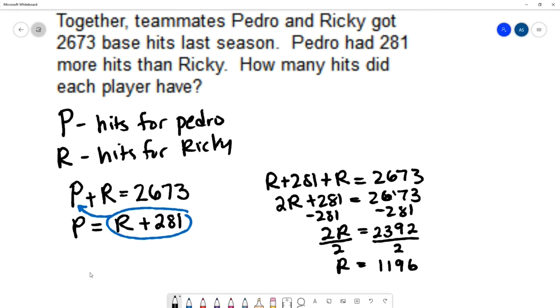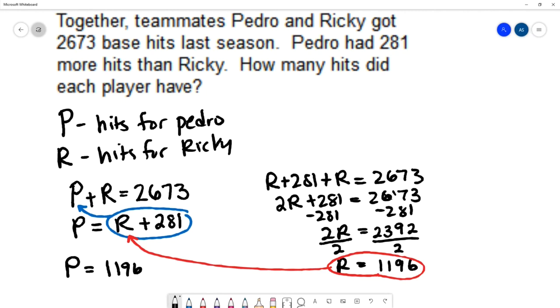And so this is the number of hits that Ricky had, 1,196. Then we can substitute that back into one of our equations to see that Pedro had 281 more hits.